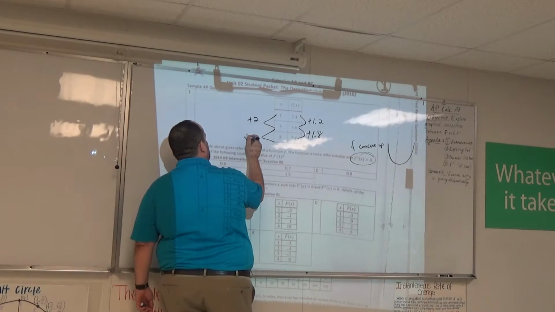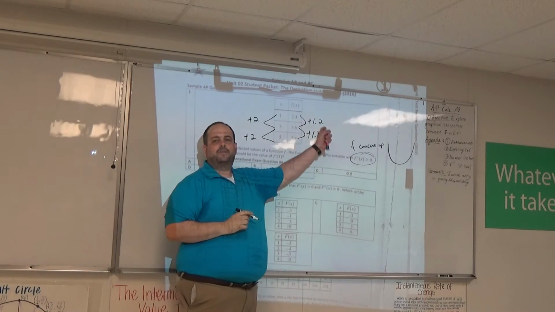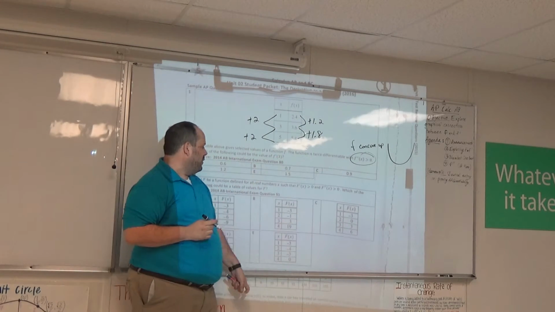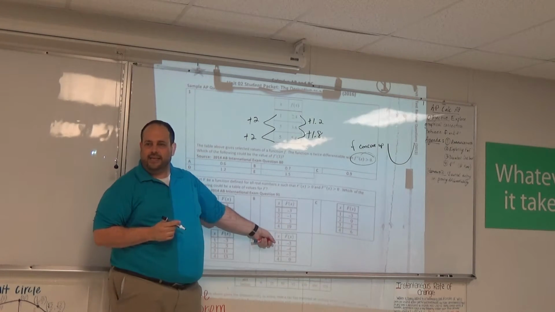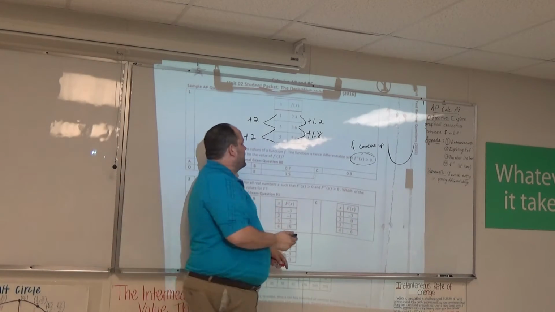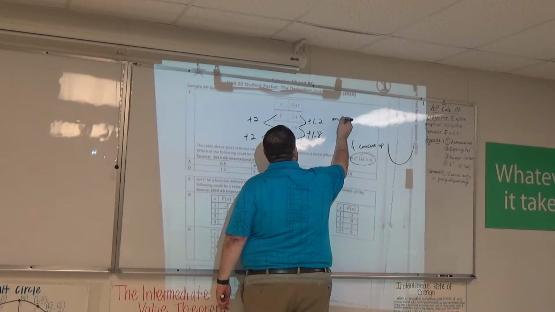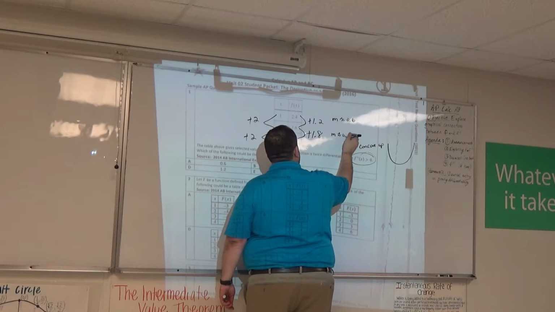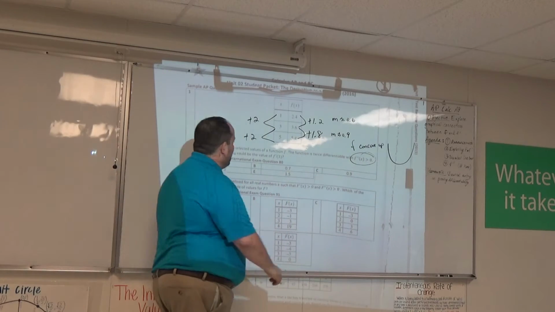Right. Slope is a measure of the change in y over the change in x. In all the problems we were doing before, the change in the x coordinate was 1, so it didn't matter if you looked or not. You need to look. So this tells me the slope over here is approximately 0.6, and the slope over here is approximately 0.9.